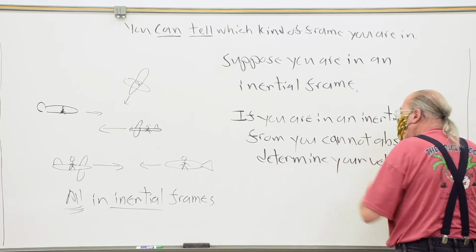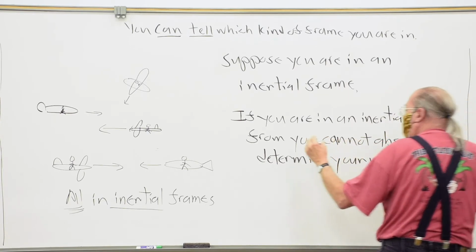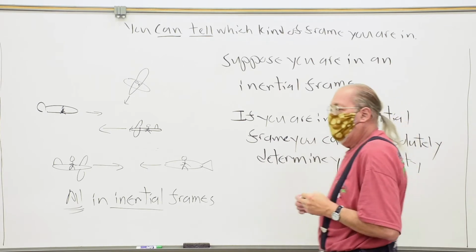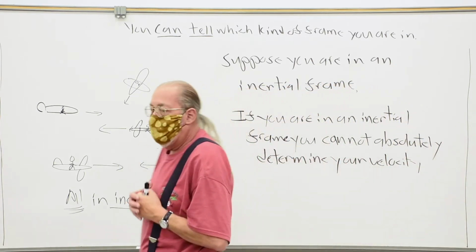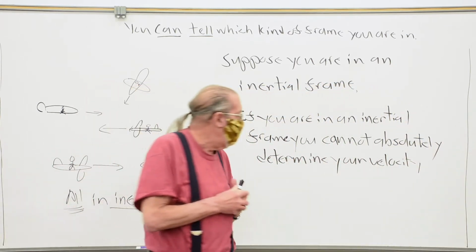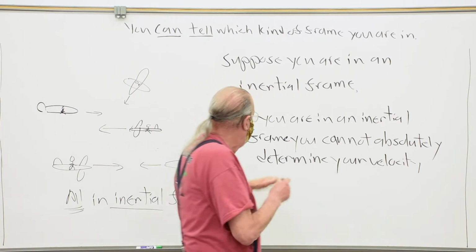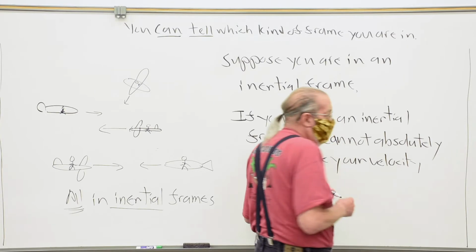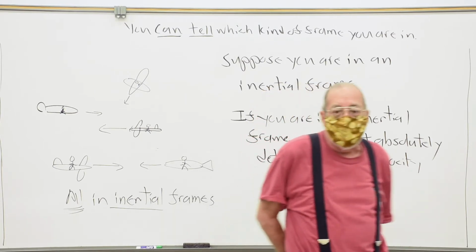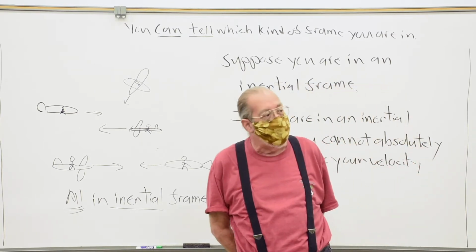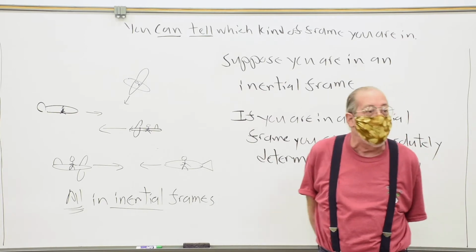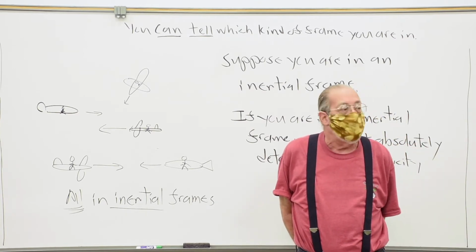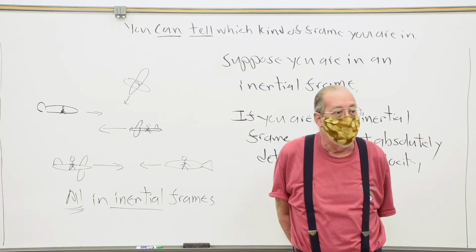Now, since you're in an inertial frame, your acceleration is zero. So whatever your velocity is, it's not changing. This is what we're saying. So you say, okay, my velocity, whatever it is, is not changing, but what is my velocity? The answer is you cannot tell.